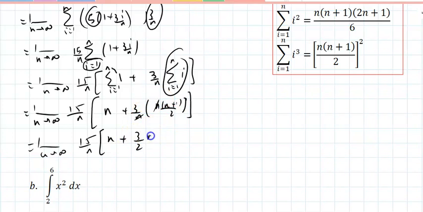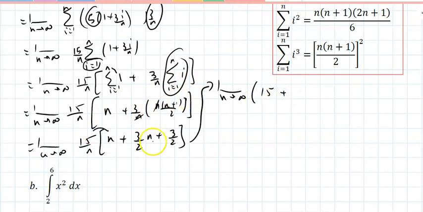That's 3/2 n plus 3/2. So I would say that is the limit as n approaches infinity. If I distribute that in, that is 15 plus 45 over 2 plus 45 over 2n.